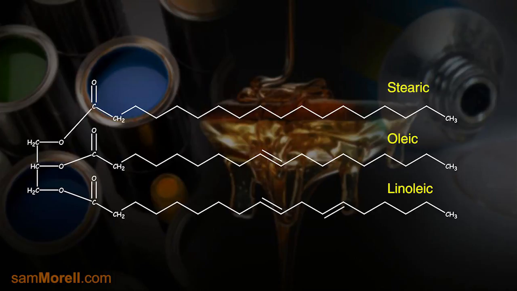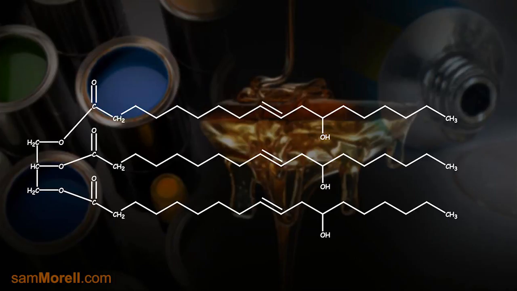The predominant fatty acid in castor oil, however, is ricinoleic, an 18-carbon acid with 1 double bond and a pendant hydroxyl group. If we hydrogenate this oil, we eliminate the double bonds and we're left with 12-hydroxy stearic acid as the predominant fatty acid.